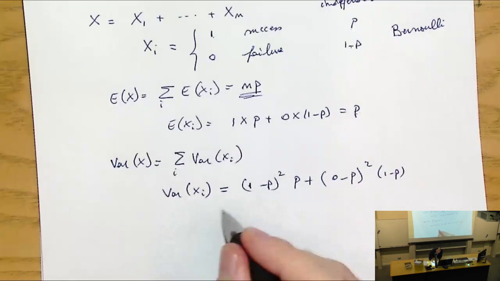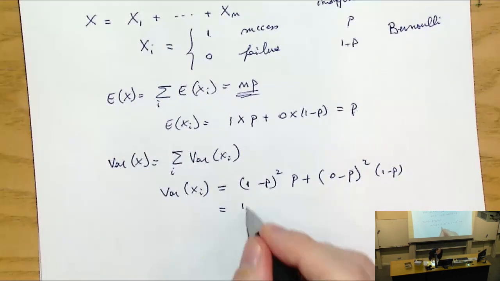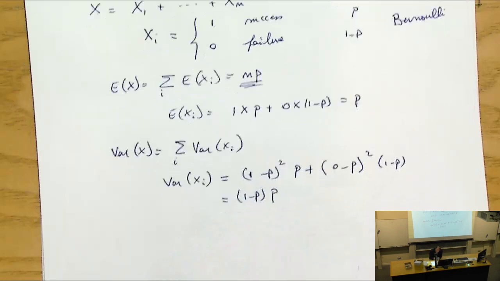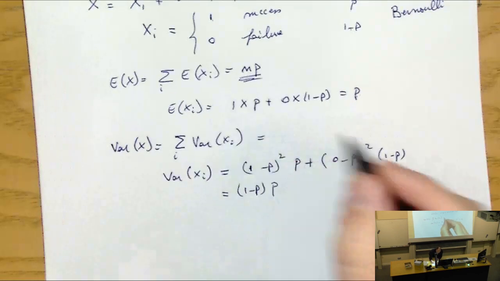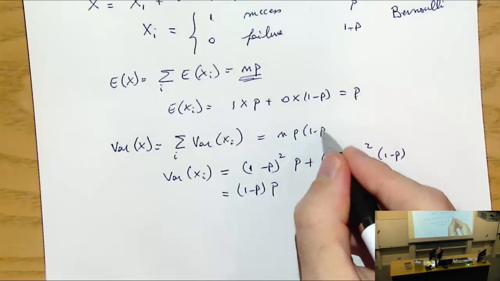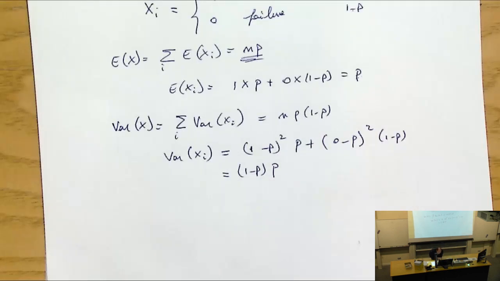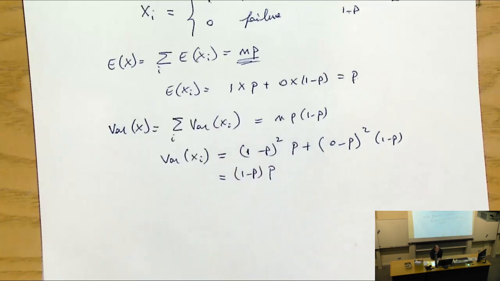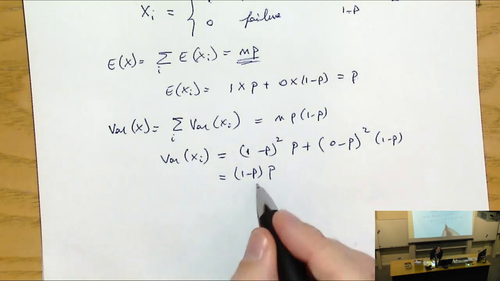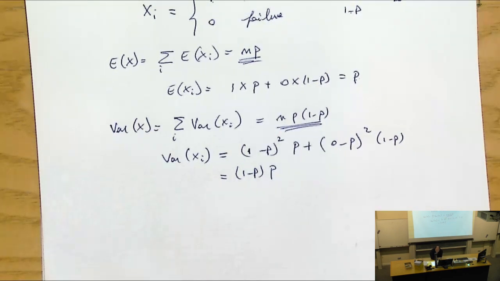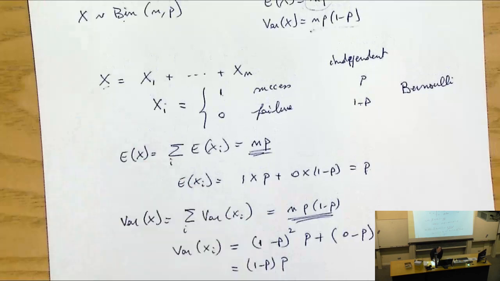And you can compute this, and what you get is (1 minus p) multiplied by p. So here you essentially get n times p(1 minus p). So this is just to show you a different calculation of a result that we have actually obtained earlier on, but this calculation is much faster because we just rely on breaking a certain random variable, here this binomial, as a sum of Bernoulli.